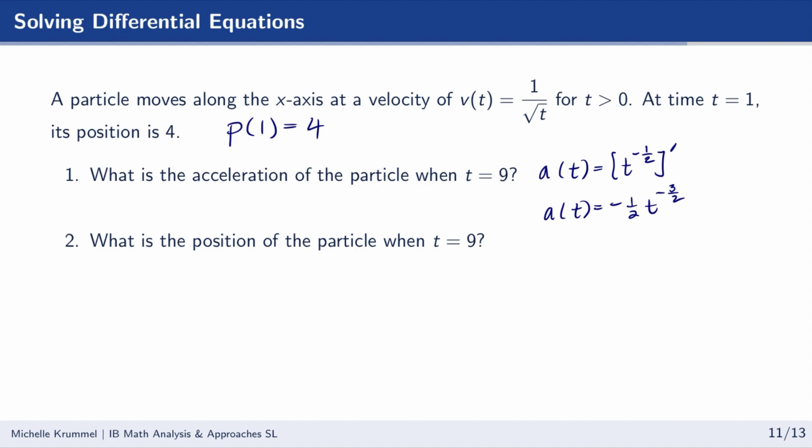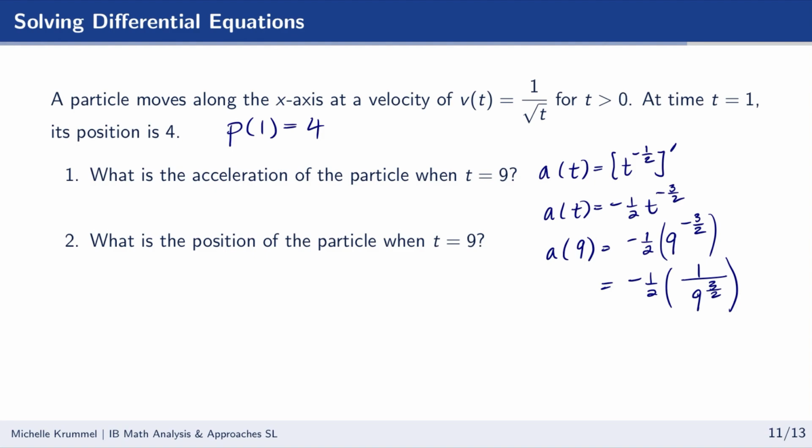And we are asked what is the acceleration at time t equals 9. So a of 9 is negative 1/2 times 9 to the negative 3/2. Let's deal with the negative exponent and make that 9 to the 3/2 in the denominator. Raising to the power 3/2 means you're taking the square root and then you're cubing it.